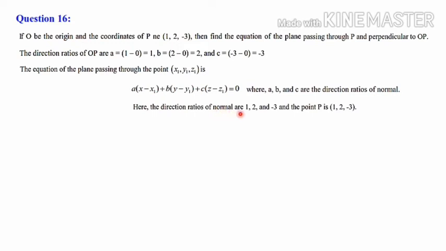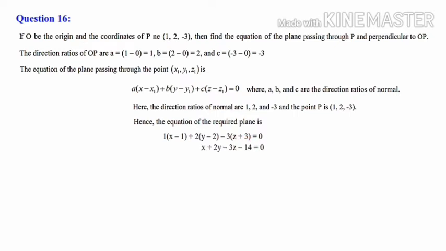So here the direction ratios of the normal are 1, 2 and minus 3, and the passing through point is there, that is 1, 2, minus 3, that is x1, y1, z1 is 1, 2 and minus 3 respectively. So the equation of the required plane is, just substitute it, a is 1 into x minus x1, x1 is also 1, plus b is 2 into y minus y1, y1 also 2, so 2 into y minus 2, minus 3, c is minus 3, so minus 3 into z minus z1, z1 is here again minus 3, so minus into minus plus, so minus 3 into z plus 3 is equal to 0.